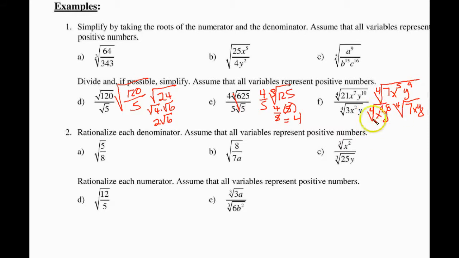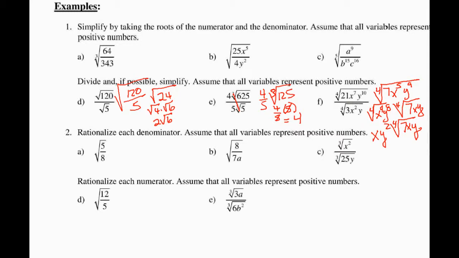So these are perfect fourths. This will be x, y to the 2nd, and then the 4th root of 7xy. We're using some of the techniques we had in the previous lesson. Here we're just ensuring that we integrate this, but it must have the same index number to do that.